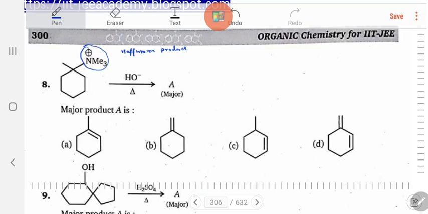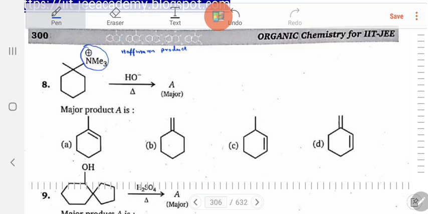At the gamma position, the carbon must be a quaternary carbon. 3. The leaving group must be bulky, like quaternary ammonium salt or SR2 plus etc. Or the base may be bulky. Now here the leaving group is bulky. Therefore, OH minus prefers to abstract hydrogen.